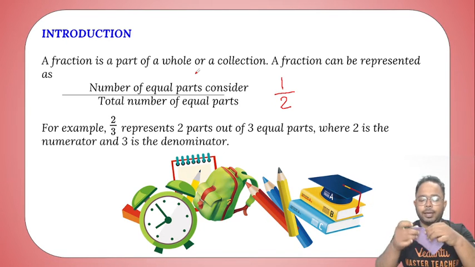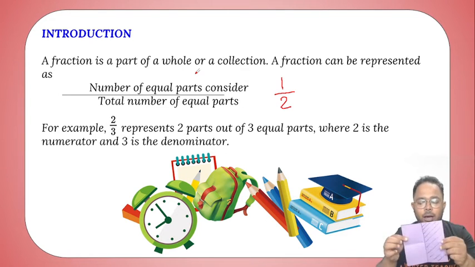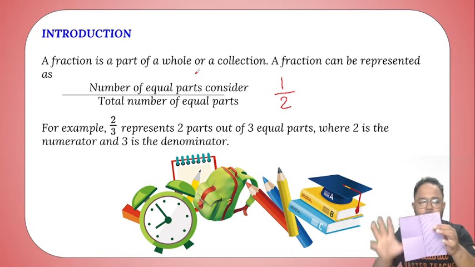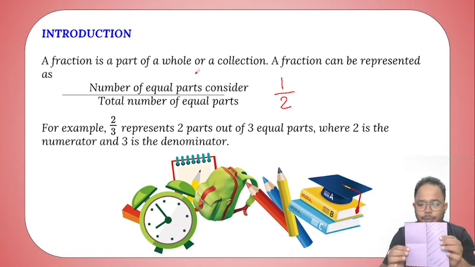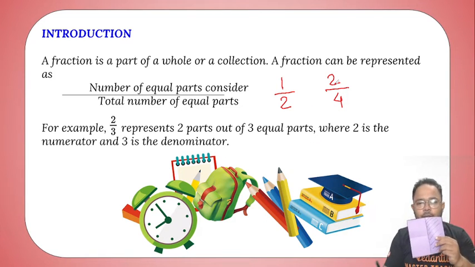Now, if I ask, out of this complete, that means the four parts, how much part is shaded with these lines? You will say, sir, the total number of equal parts is 4. Out of that, 2 parts are shaded.